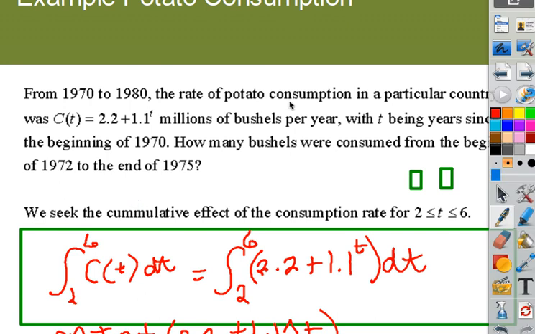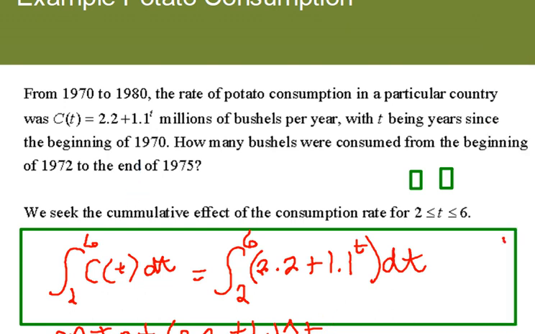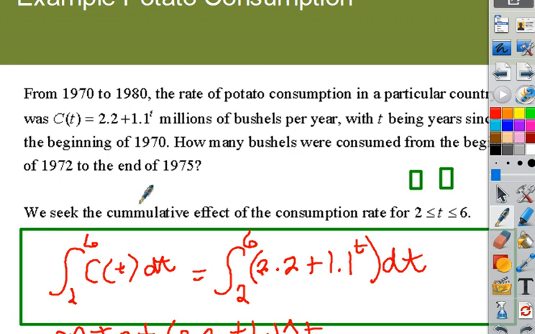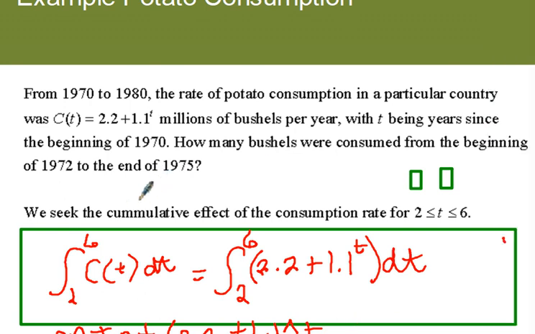Comma. And then you have to put the variable and the starting value and the stopping value, and then it will evaluate for you. So when you plug that in your calculator, you should get 14 point, remember this is calculus, we go to 3 decimal places unless they tell us otherwise, so 14.692 million bushels.